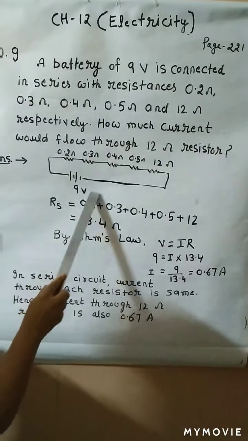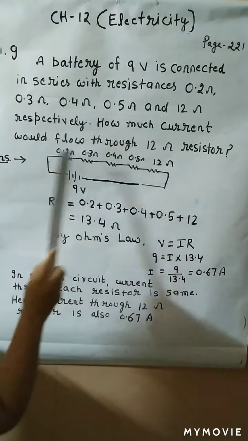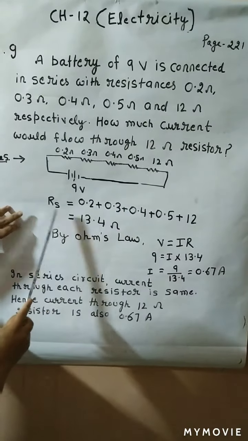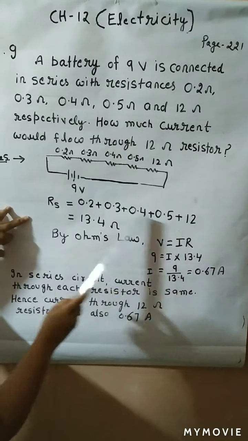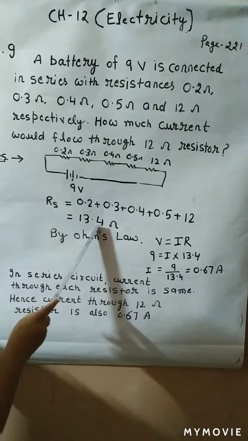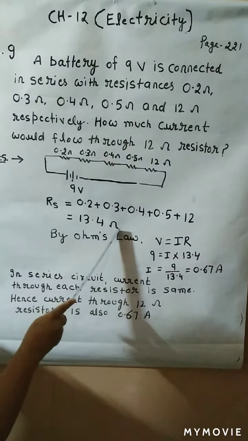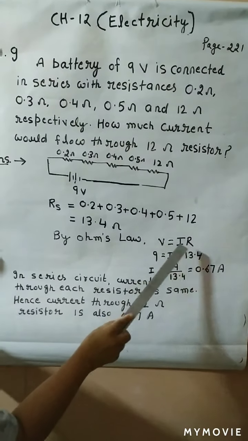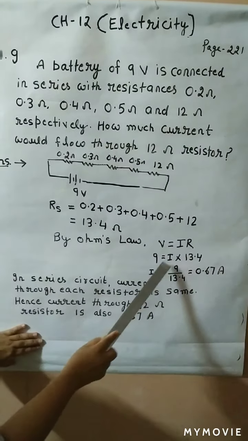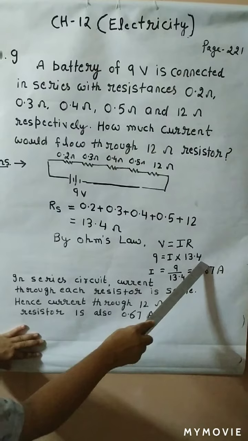As the total potential is given, we will find out the total resistance of the circuit also, that is R s. Adding 0.2, 0.3, 0.4, 0.5, 12, all of these, you will get 13.4 ohm. So we will apply Ohm's law. V is equal to IR, because total potential is total current into total resistance. So 9 is equal to I into 13.4.